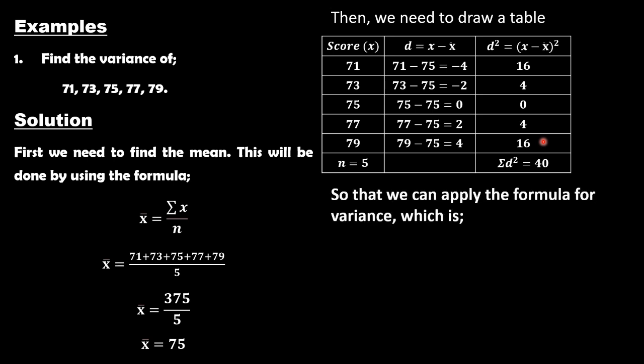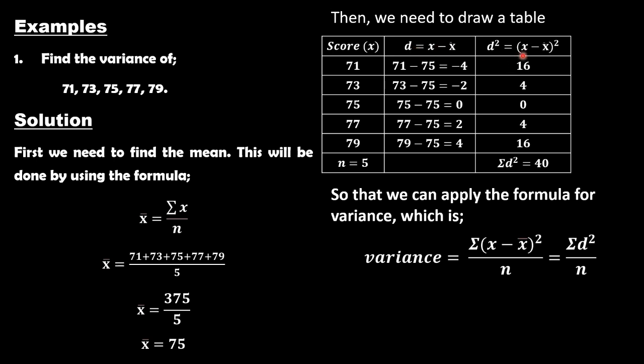So that we can apply the formula for variance, which is variance equals summation of (x minus x bar) squared divided by n. That is summation d squared divided by n. This x minus x bar, we have represented it by d.